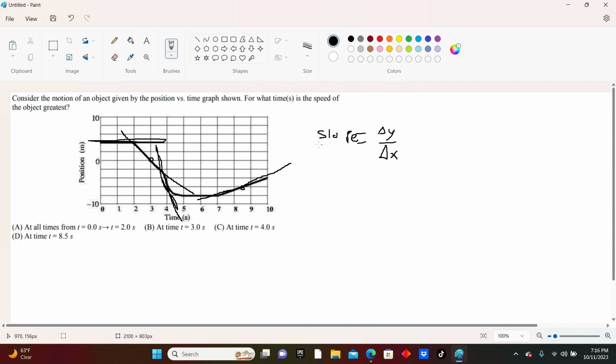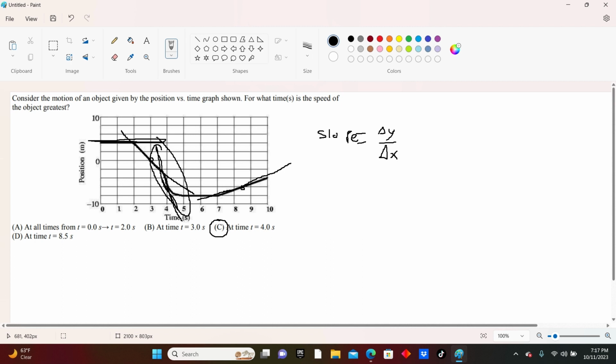If your change in y over change in x ratio is greater, you're going to have a slope closer to vertical. And the most vertical slope here is this slope right here, which is at t equals 4 seconds. So choice C is the right answer.